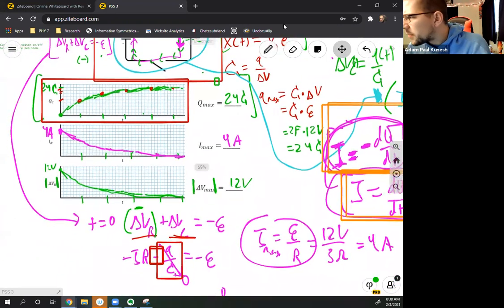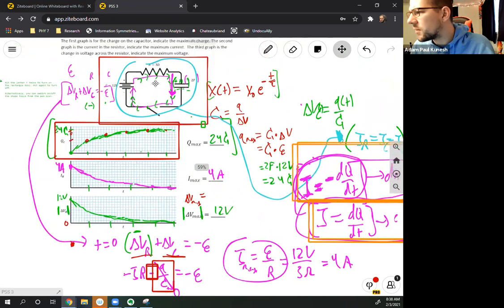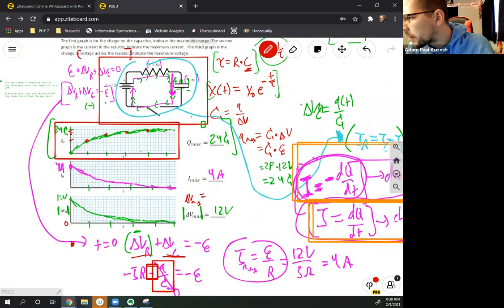Now, I don't know if they were trying to be tricky here. If they were, then delta V across the resistor is actually always a negative number, because the current is always flowing through the resistor and we're dropping voltage in the direction of our current flow.